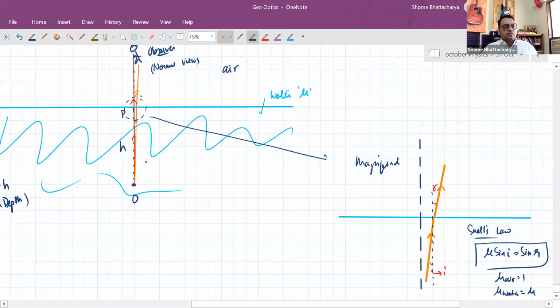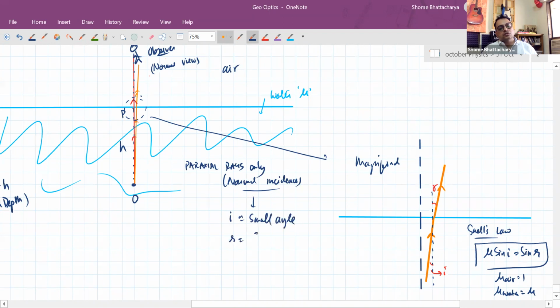Now since we are taking paraxial rays only, because it is a normal incidence, we have I is a small angle. So R is also a small angle.